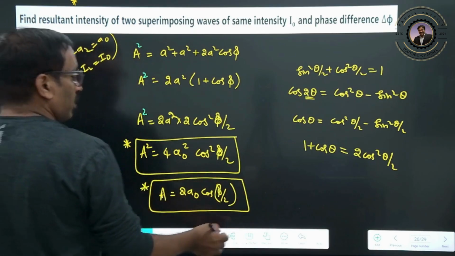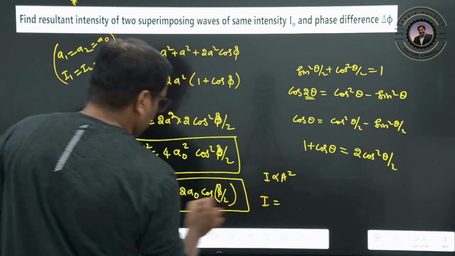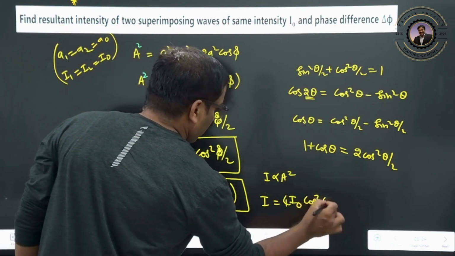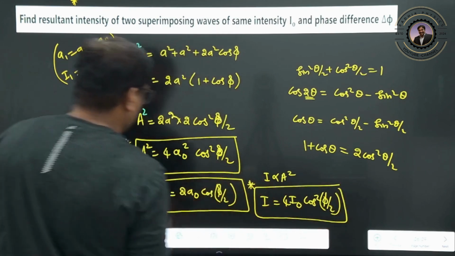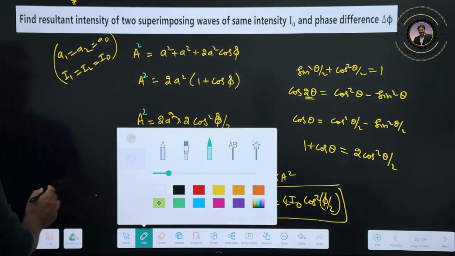And intensity is directly proportional to amplitude square. Intensity is nothing but the square of this one, 4 I naught cos square phi by 2. These all are the formulas. Slight confusion here, right? These all are very important formulas, so remember this.